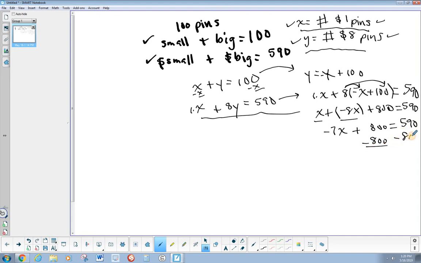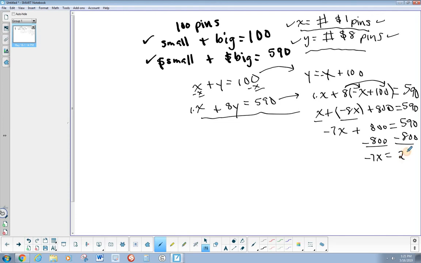And you guys would go out to the side and subtract 800 take away 590, right? But if you think about it, 800 take away 600 would be what? A difference of 200, wouldn't it? But it's not quite 600, it's 10 less than that. So we add the 10 back on, it's a difference of 210.